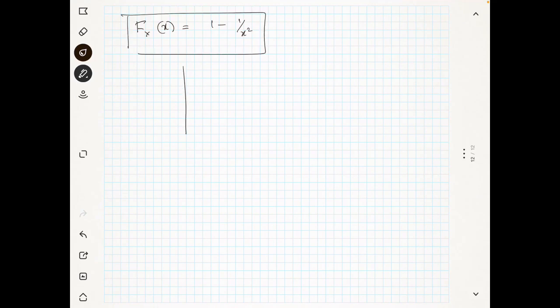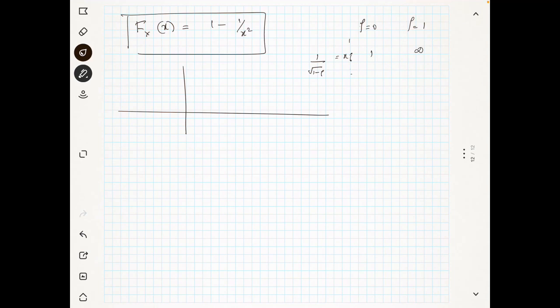Now if you plot it, you know that x takes values when zeta goes from 0 to 1. Then x, which is 1 by square root of 1 minus zeta: when zeta equals 0 it will be 1, and when zeta equals 1 it will be infinity.